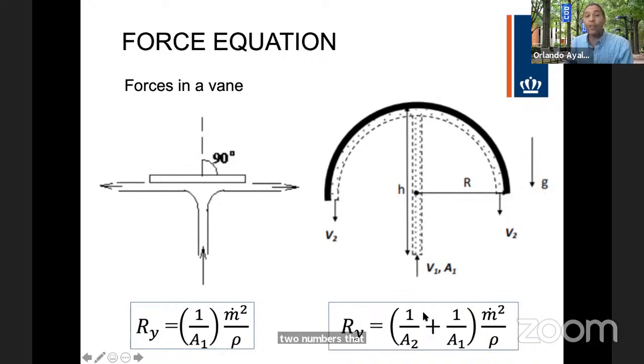That means that theoretically speaking, if I go into the lab and run the case for a hemisphere and the case for a flat plate, the force on the hemisphere should be larger than on the plate.